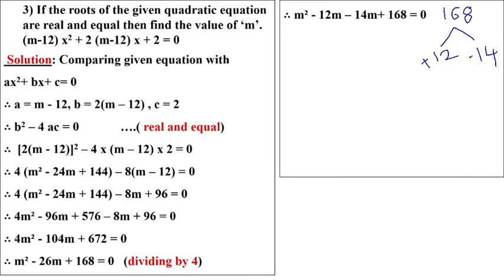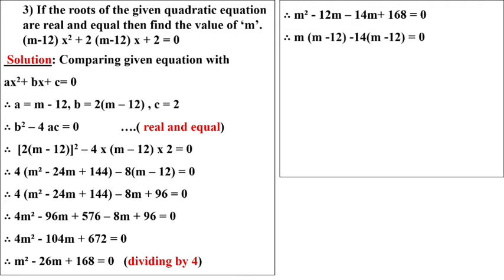If we add both 12 and 14 we get 26, and since the bigger number is minus, we have to put both numbers negative, minus 12m and minus 14m. From the first and second term, what is common? m. What will come in the bracket? m minus 12. The same bracket we will copy, m minus 12, so here we get minus 14. So the common bracket is m minus 12, and the other is m minus 14, equal to 0.